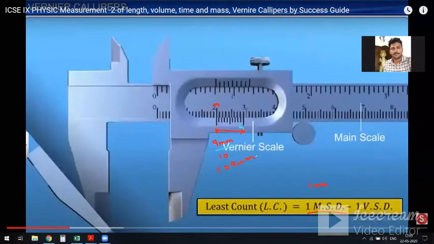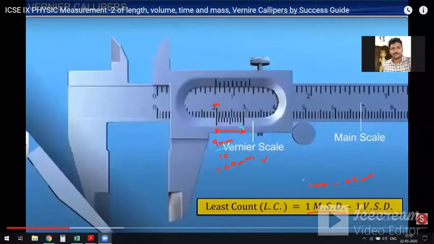So just remember this formula. Least count is equal to 1 main scale division minus 1 vernier scale division. So 1 main scale division is how much? 1 mm, minus 1 vernier scale division, how much? 0.9 mm. Now you have to subtract 1 minus 0.9 mm.